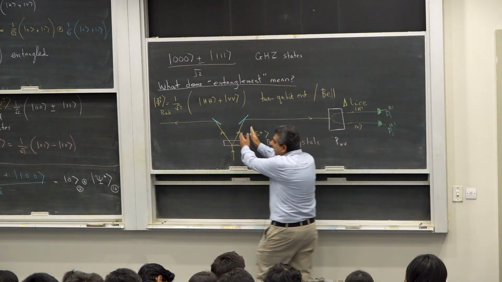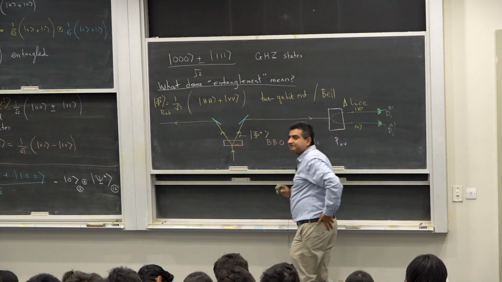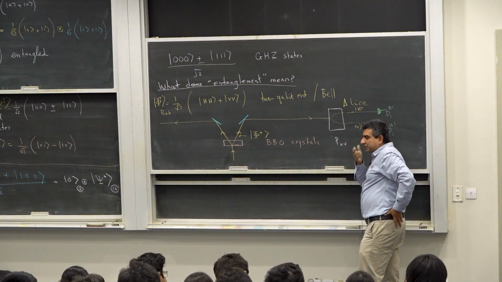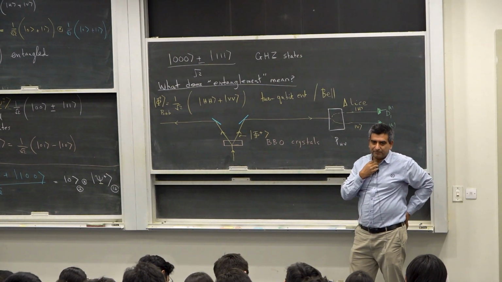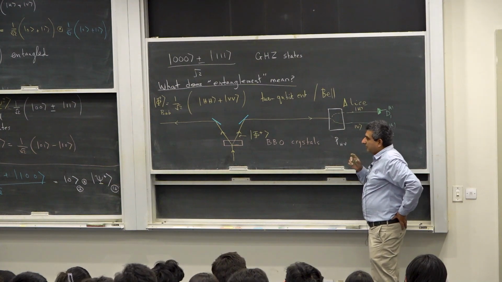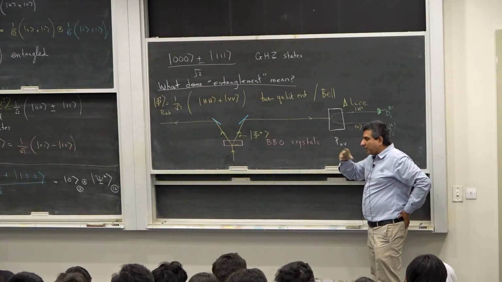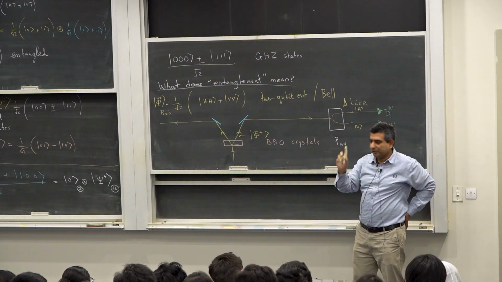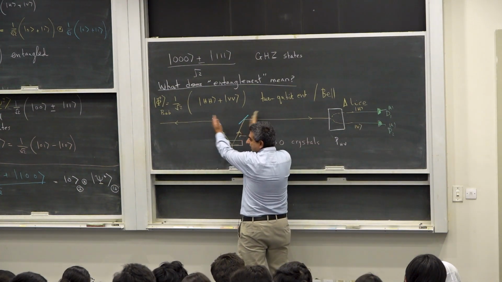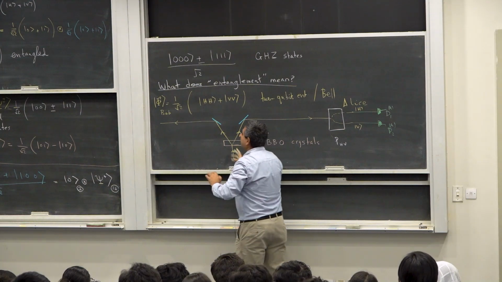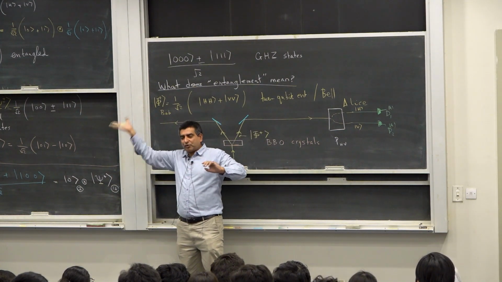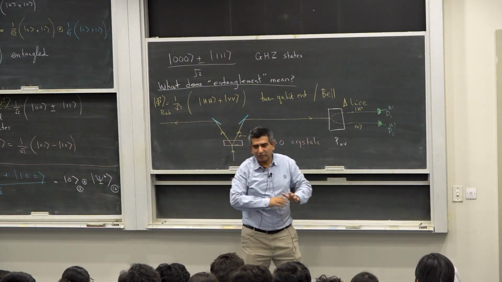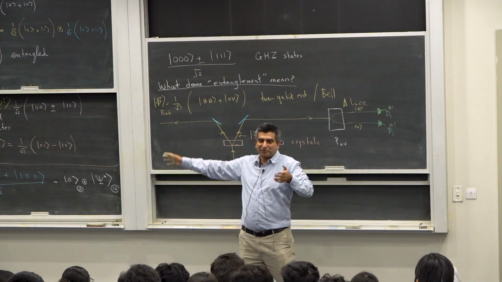Now if this state has been created, the question first of all that I would like to ask you, if one photon pair has been created, just one photon pair. So one photon comes in, one pair is created, an entangled pair is created, Bob's photon goes into a black hole, it disappears, or Bob is himself in a black hole and we don't know where he is.